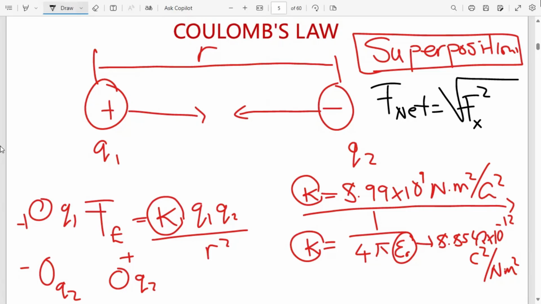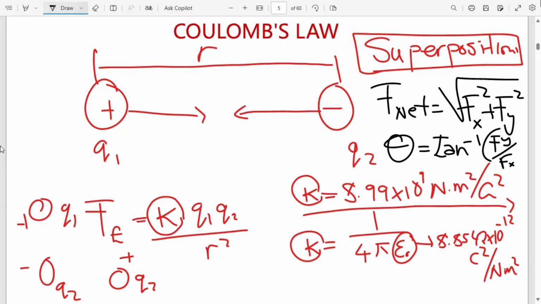So I can say F net equals the square root of Fx squared plus Fy squared, like that. And you can also calculate the direction using the tan inverse rule, Fy over Fx. And that, ladies and gentlemen, is how you can calculate the net force in a case where you have superpositioning, or where your charges are superimposed.